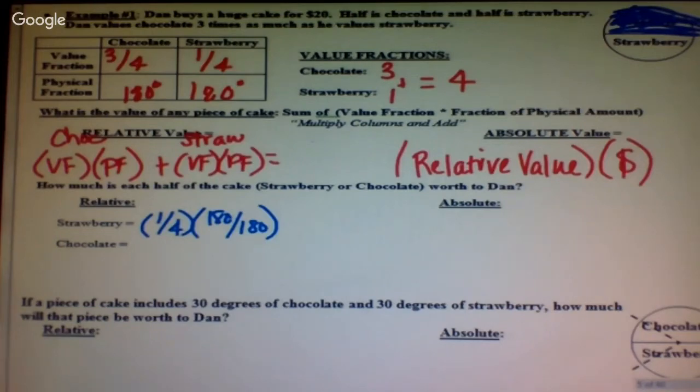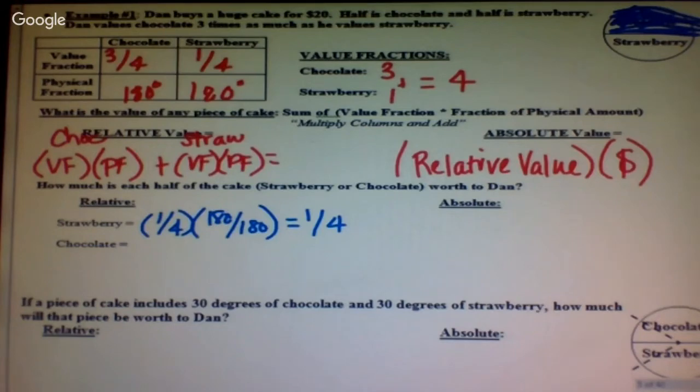So, your value of strawberry times how much strawberry I'm giving you. I'm giving you all 180 out of 180, which gives me a relative value of what? 1/4. Because like Marcus said, 180 out of 180 is 1, and 1 times 1/4 is 1/4.